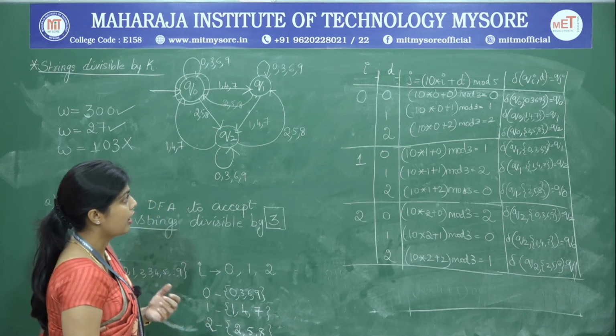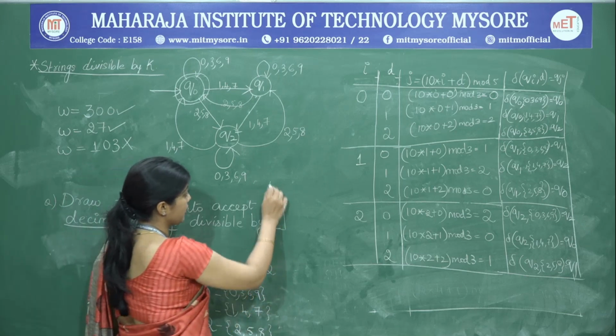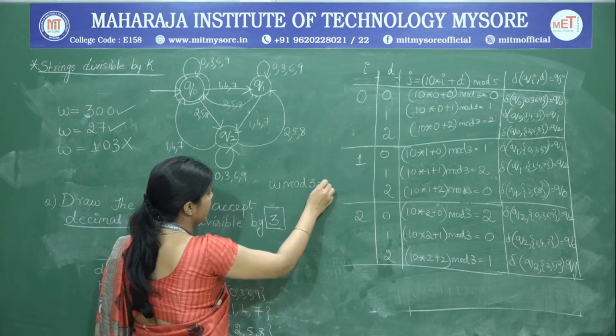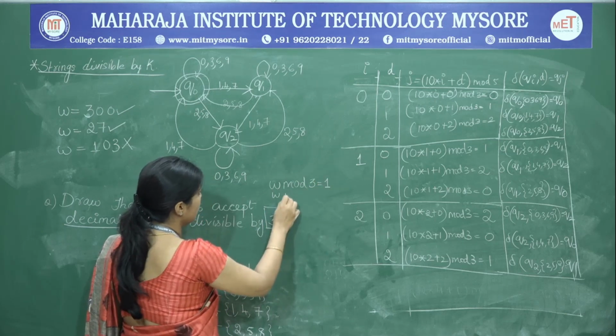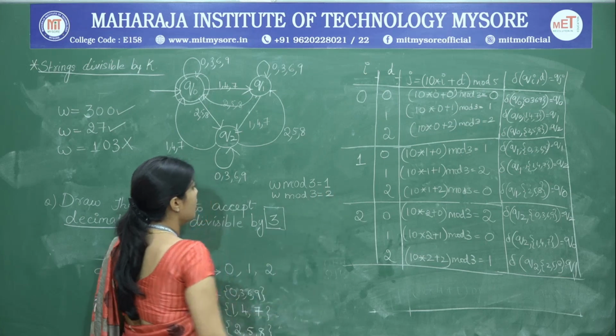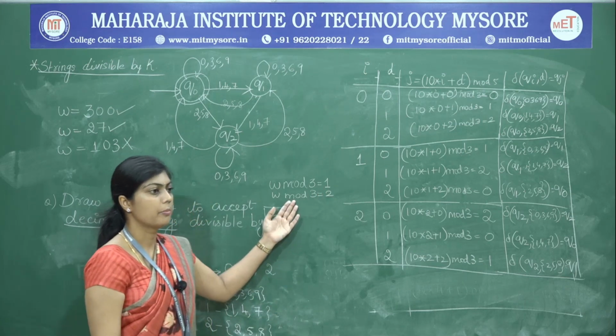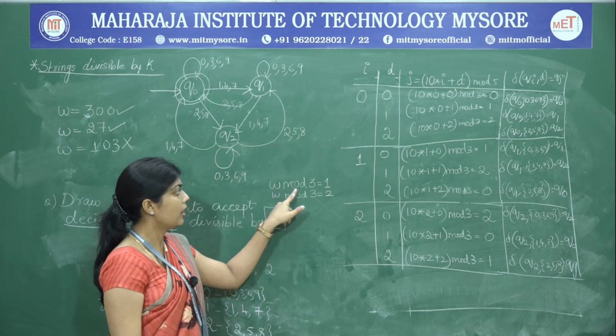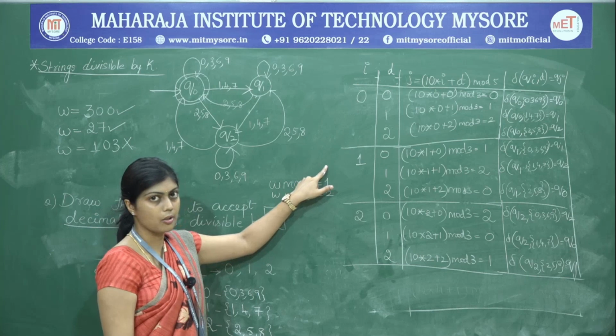Now suppose they ask us to design the DFA such that w mod 3 is equal to 1, or w mod 3 is equal to 2. The problem statements may appear like this also, while this current problem has w mod 3 equal to 0.